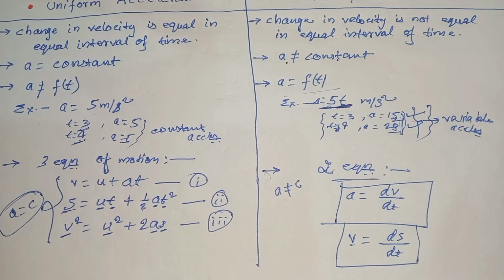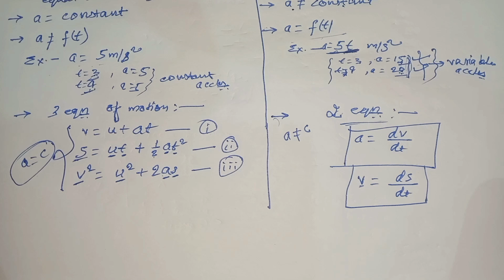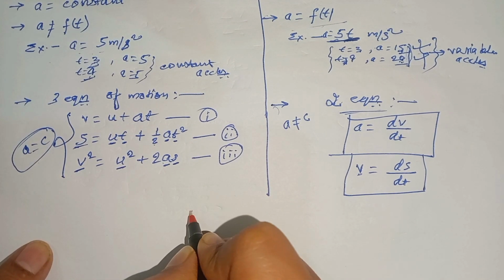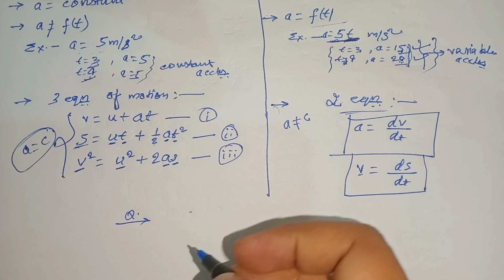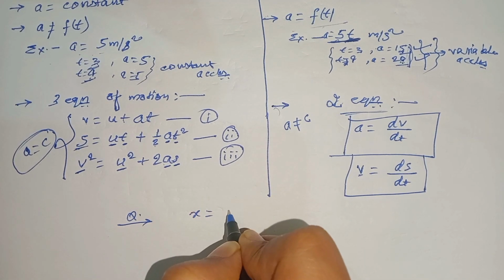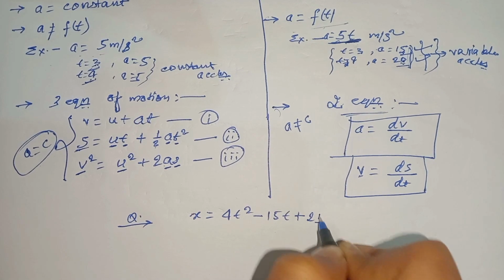Now let us see one numerical to understand it more clearly. Suppose the question is: displacement is given as 4t square minus 15t plus 25.